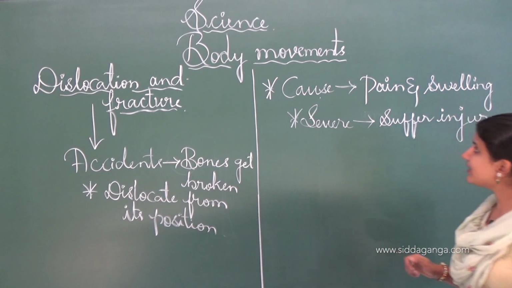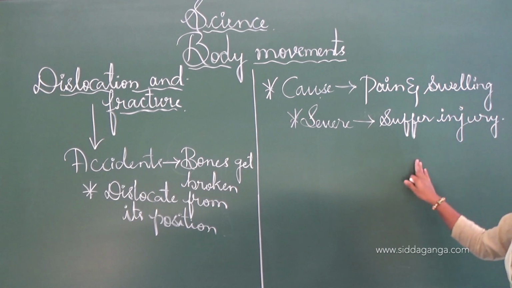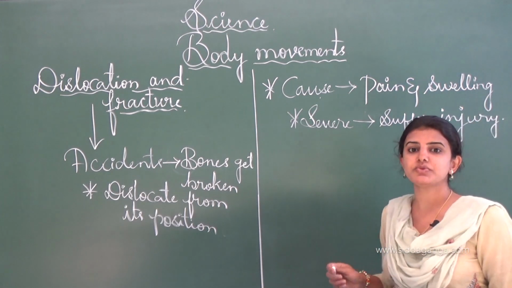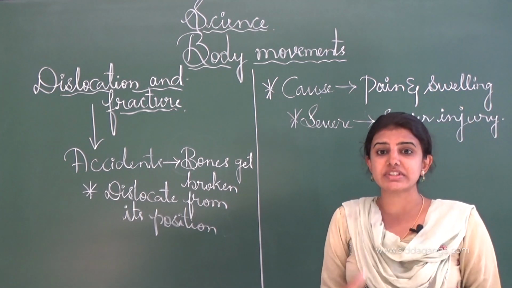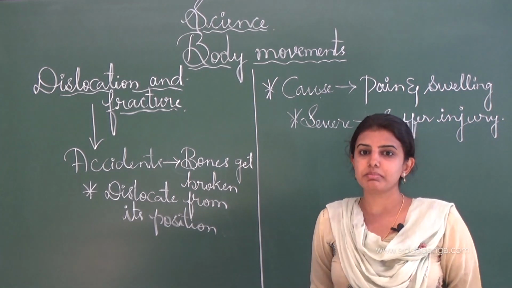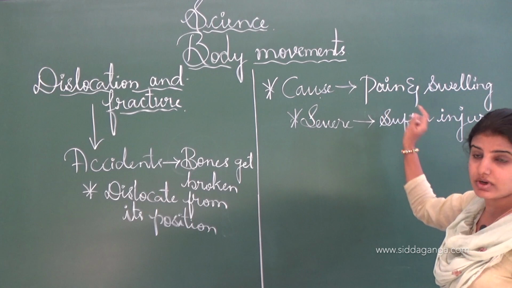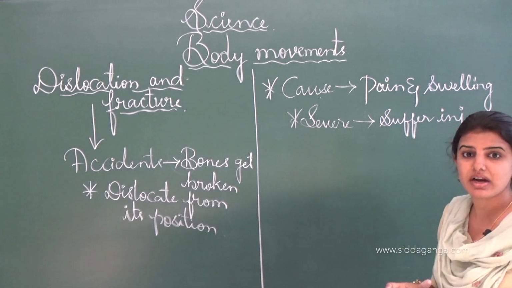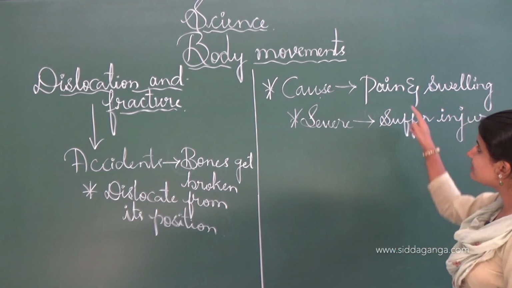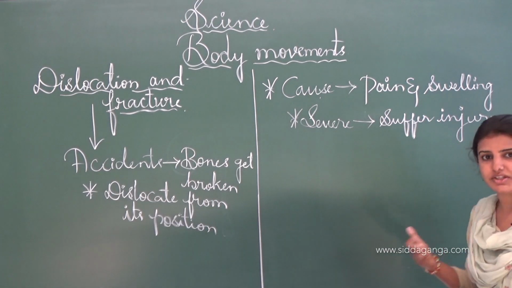Why do swelling, pain and injuries take place? The ligaments which join the bones get torn, and thereby swelling of the bone and the body parts takes place, which may cause pain and suffering from the injury.